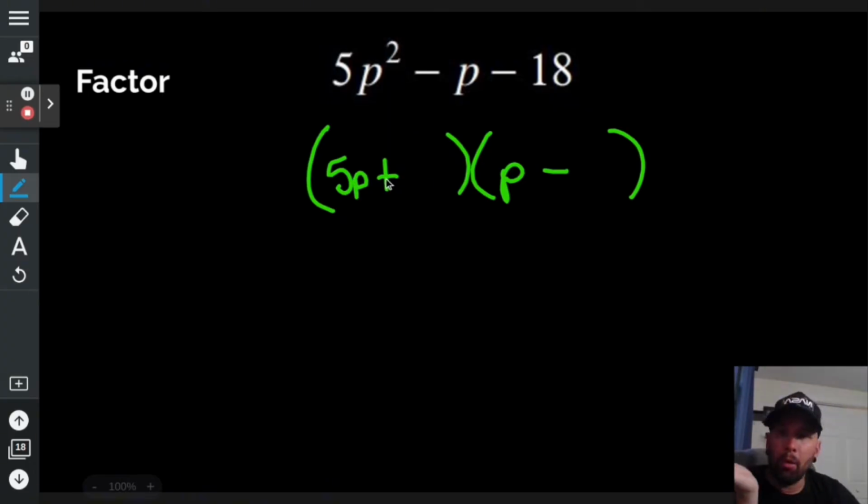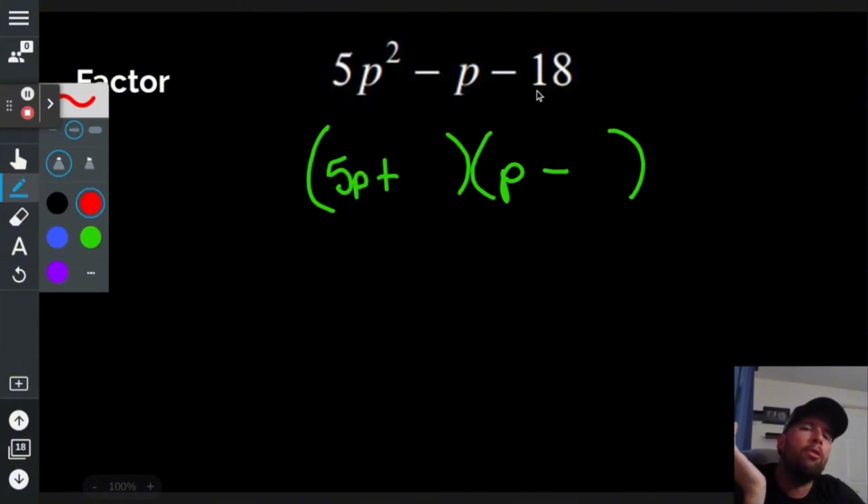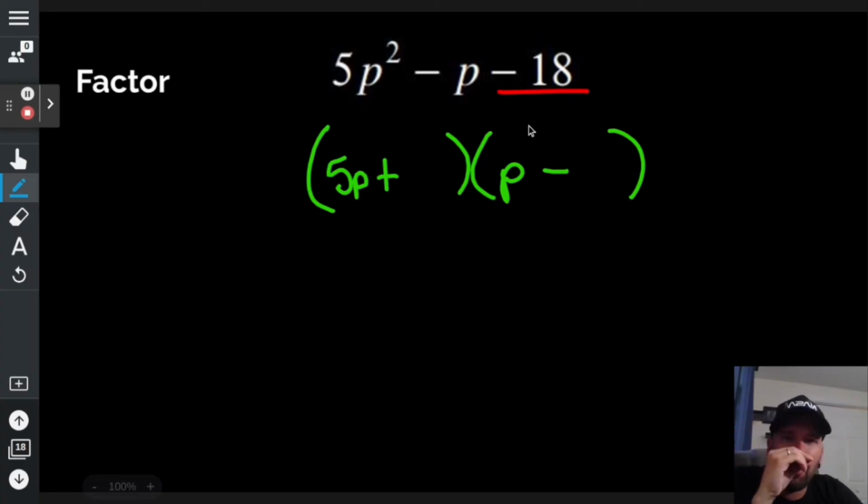Now, there's a problem. These signs might change if I chose the wrong parentheses, so that's something we have to test out. Now I have to come up with two numbers that multiply out to negative 18. So if I do a 3 and a 6, let's see what happens if I put the 6 here and the 3 here. I know it's going to be 5p squared.